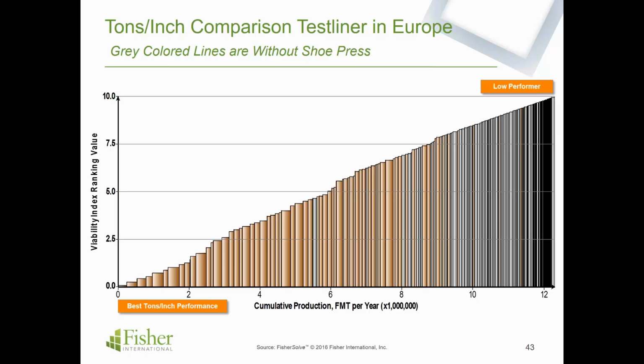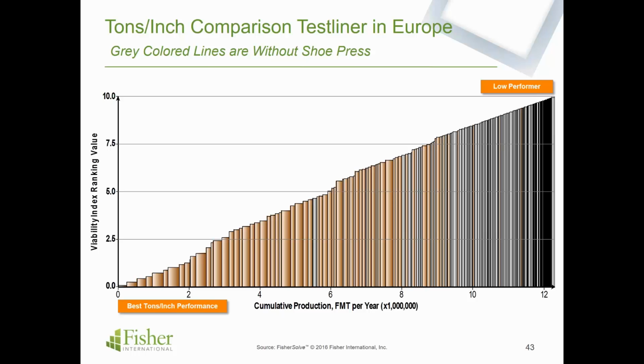And then I have highlighted those lines that have a shoe press. You can see this one line there that is gray and in a relatively low position, that is kind of yelling: put a shoe press on me, I will be extra profitable, extra productive after this.